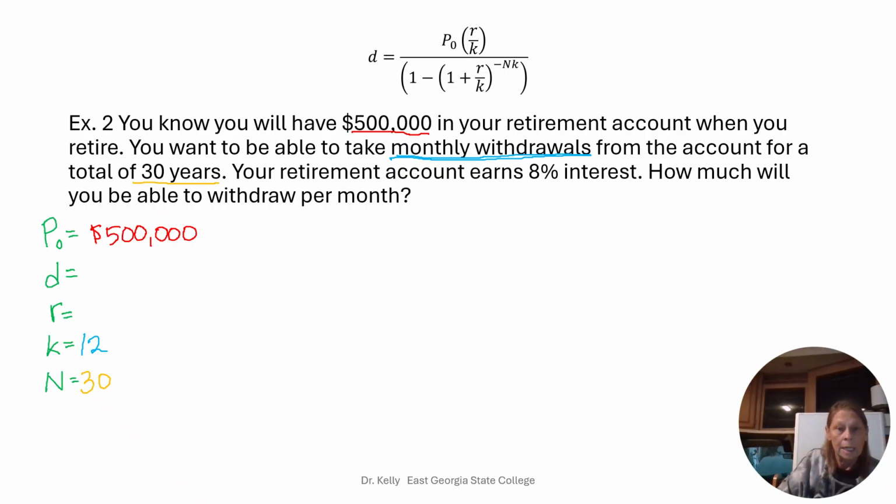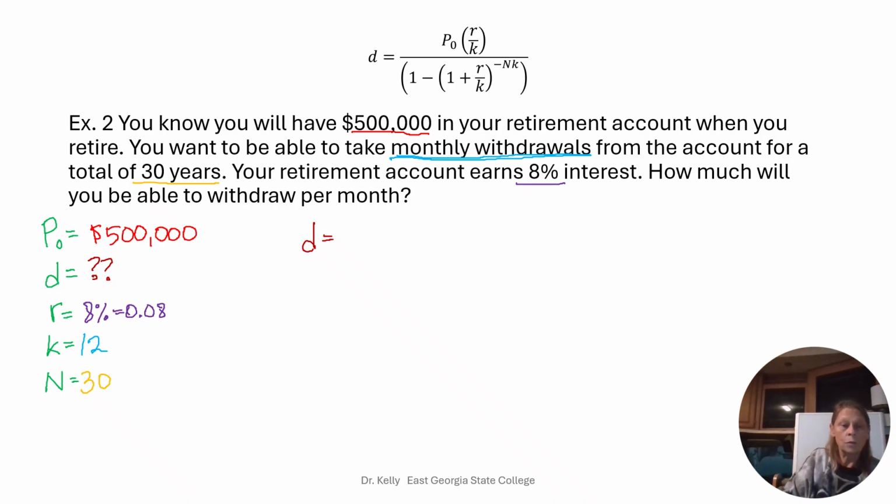And the account earns 8% interest. So 8% is equal to 0.08. All right, and so we're looking for how much? How much is our payment going to be? Let's see.